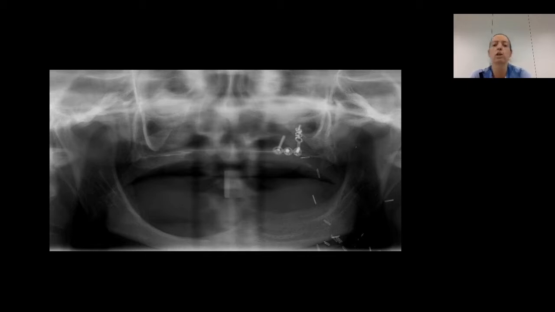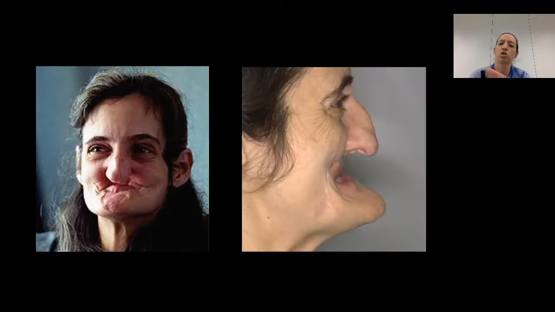And she lives in London, although she's Portuguese. And she was, well, many surgeries were performed in order to try to rehabilitate her, to try to give her bone, but actually for more than 20 years, she could not use any prosthesis at all, any teeth, any prosthesis at all.